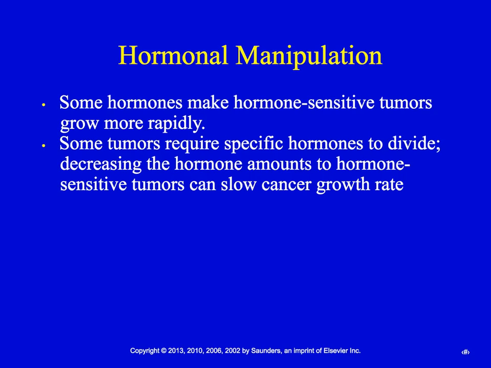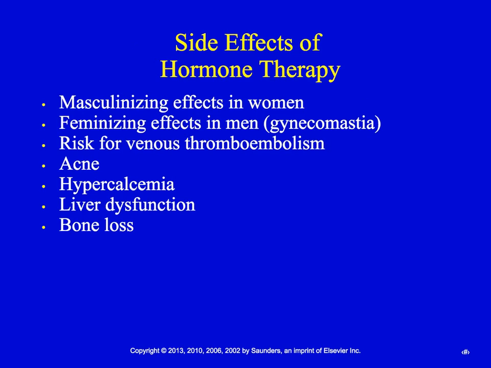They are manageable and they are temporary, however. This is just a list of the side effects of hormone therapy, and they all sort of make sense, because if you're messing with somebody's hormones that affect their growth and their puberty and all of their organs, their sexual organs, then you're going to have these side effects.